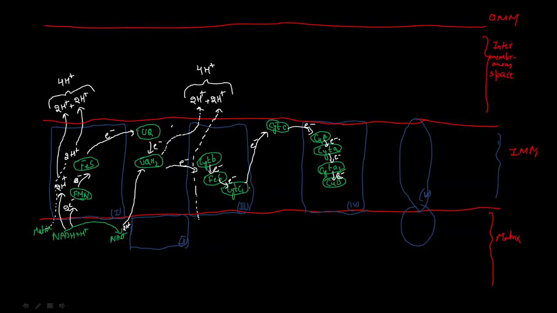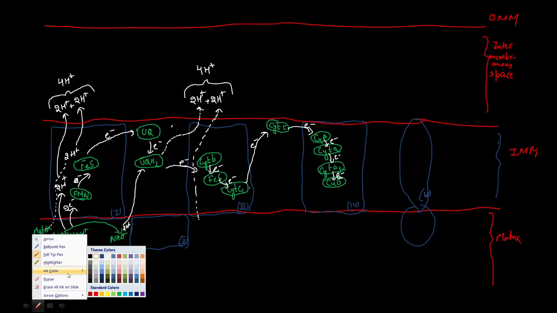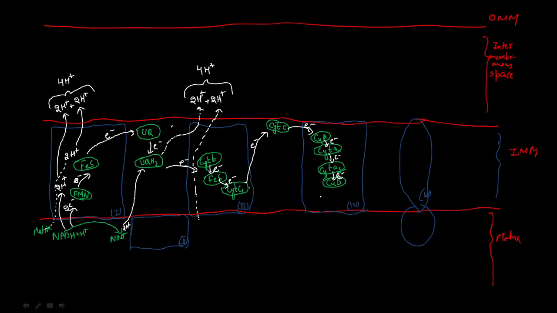Okay. Again, this complex is feeling negative because of the presence of all these extra electrons. So ultimately this will also pull up the protons from the matrix, and when this electron is eventually given out to the matrix side, we will see who is going to pick it up.